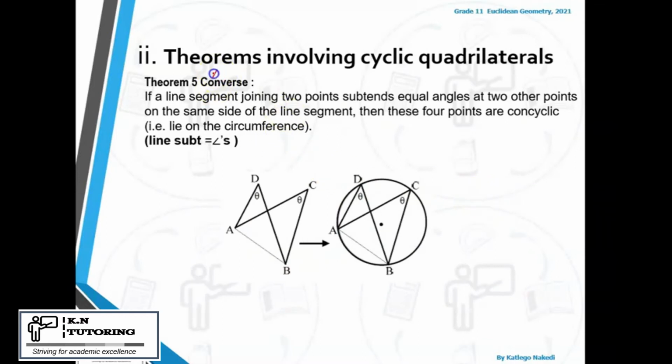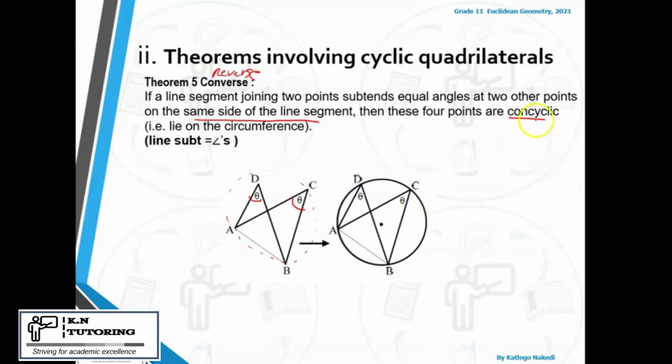The converse, the reverse of this theorem, says if a line segment joining 2 points subtends equal angles at 2 other points on the same side, okay, so if we've got a figure like this one, it's not a quadrilateral. If we've got a figure like this, but you discover that this angle is equal to this angle, then it means there's an imaginary circle that is passing here.